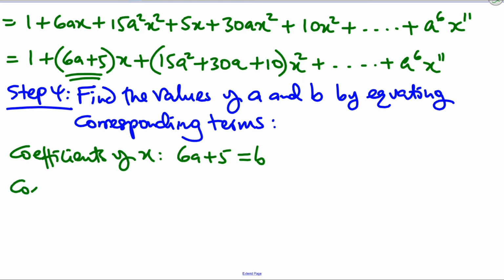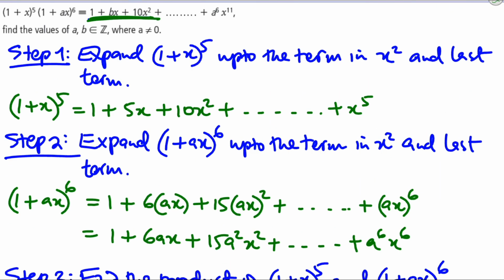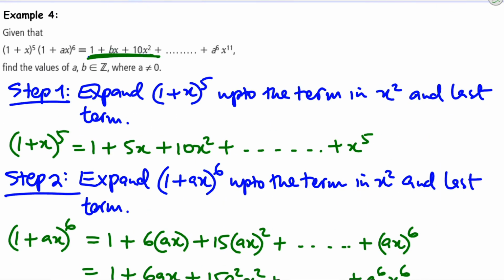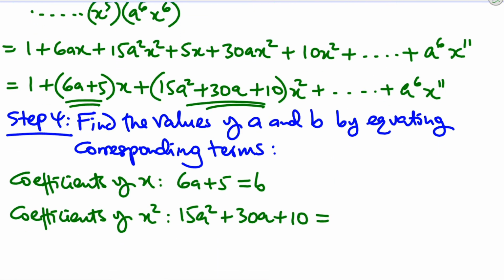Let's move to the coefficients of x squared. For the coefficients of x squared, which is this one here, you have 15a squared plus 30a plus 10 is equal to, now if you come over here, that will be equal to 10. So this should be equal to 10.